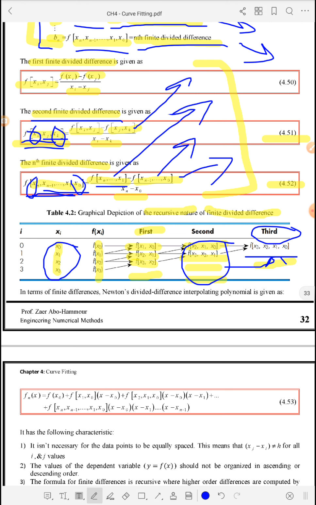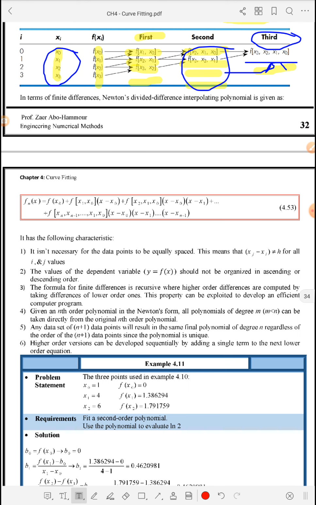Okay, so if we continue and rewrite the nth order polynomial based on the Newton method as given in equation 4.53, and substitute the values of the b's using the divided differences.